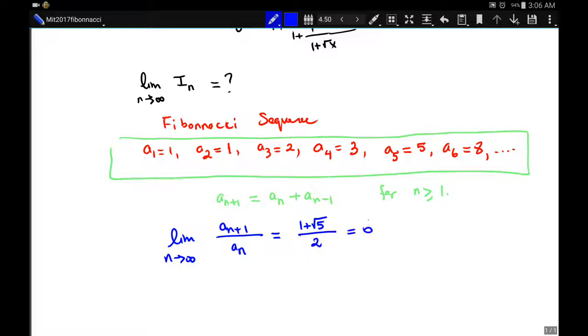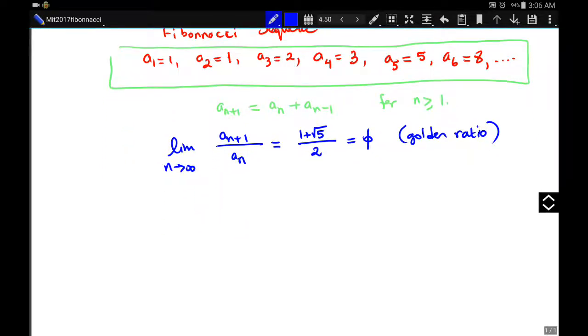This is called the golden ratio. It's very easy to compute the limit here. I'm not going to prove that.